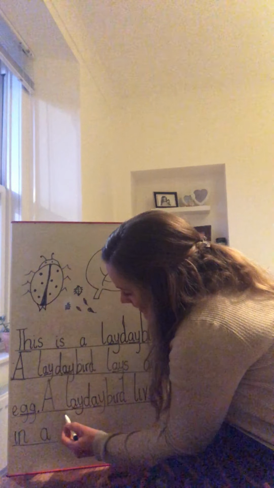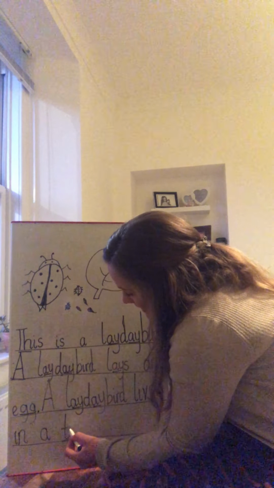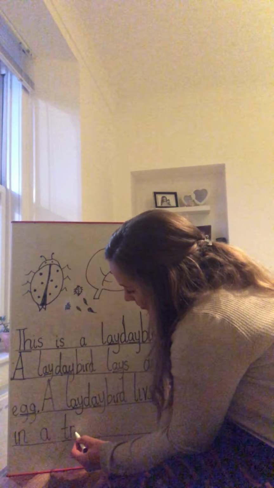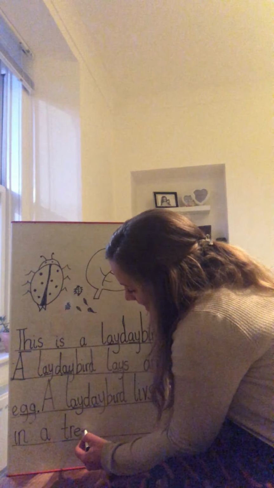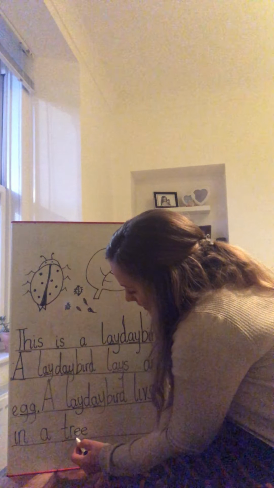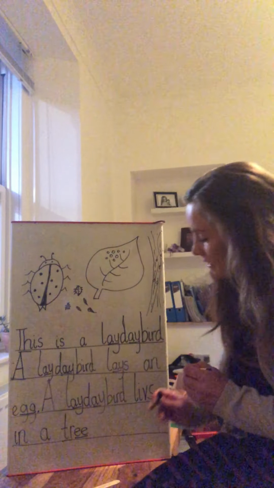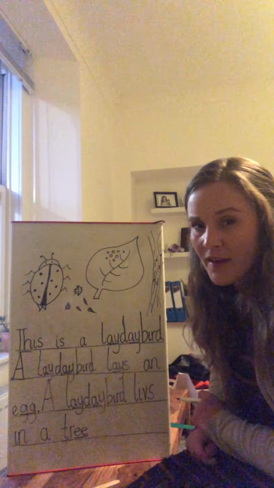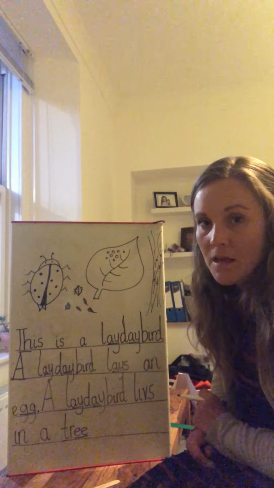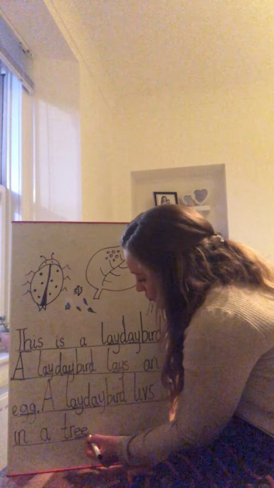Remembering my finger space. Now I'm going to underline my special friends there. Have I remembered everything? You're right, I forgot my full stop. So I'm going to put my full stop in there.